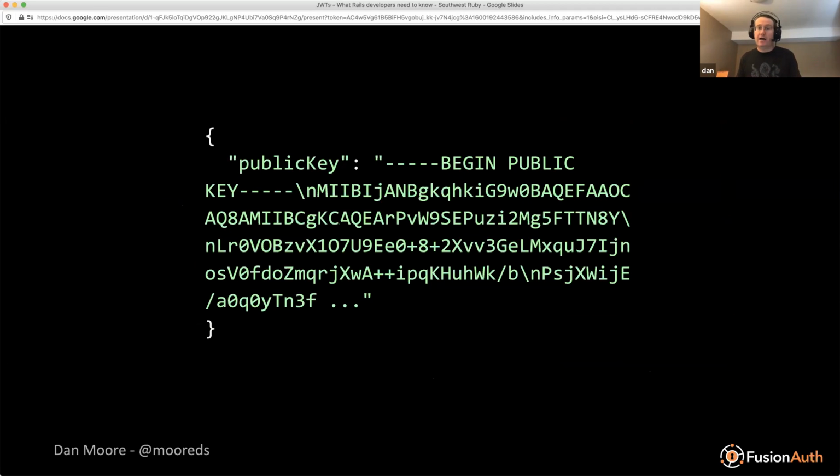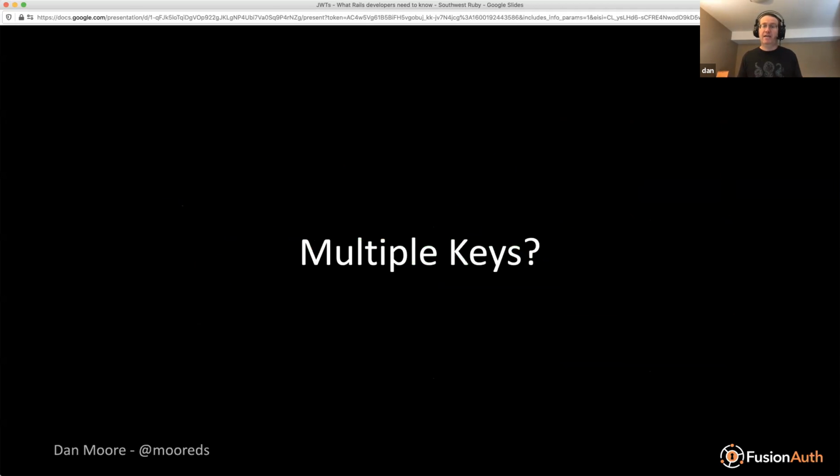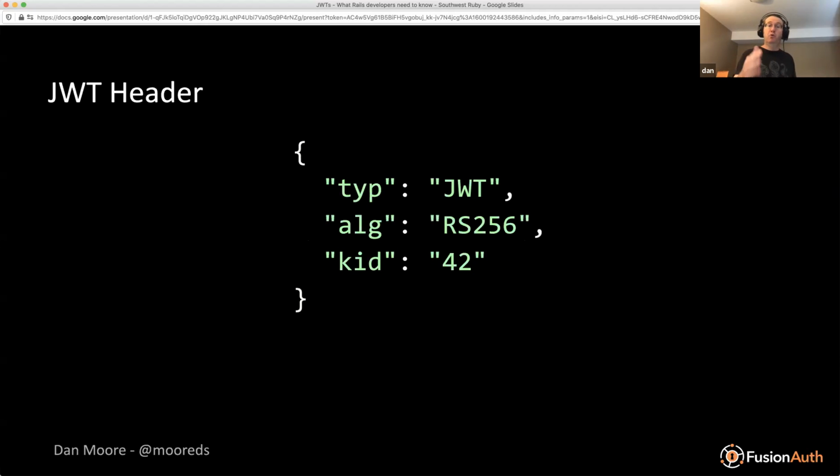So this is what the endpoint will look like. It's basically just, again, an RSA public key. And if you have multiple keys, which you may want to have, you can put the key ID in the JWT header, which tells the consumer of the JWT, hey, this was signed with key ID 42. Then the consumer can go look at that endpoint and see which of the keys it corresponds to, and then use that key to validate and decode the JWT.